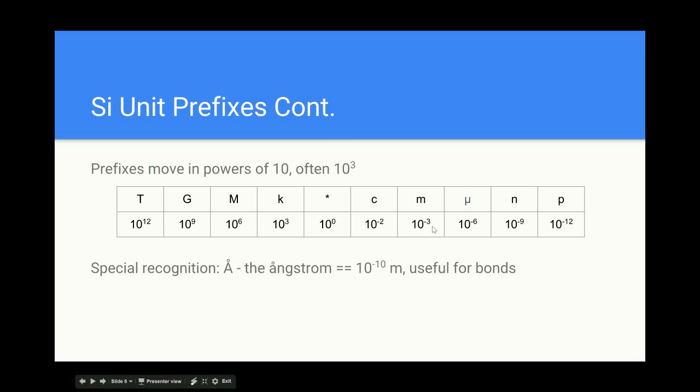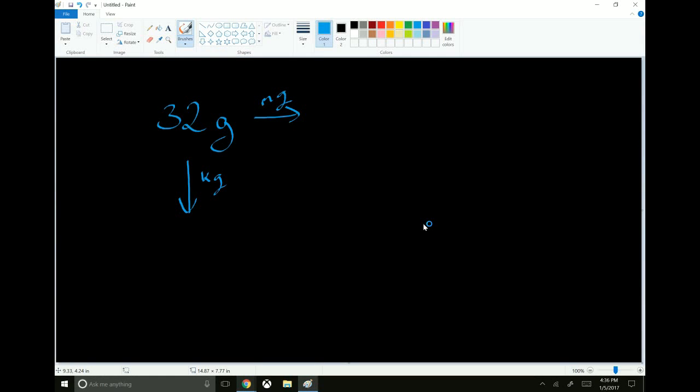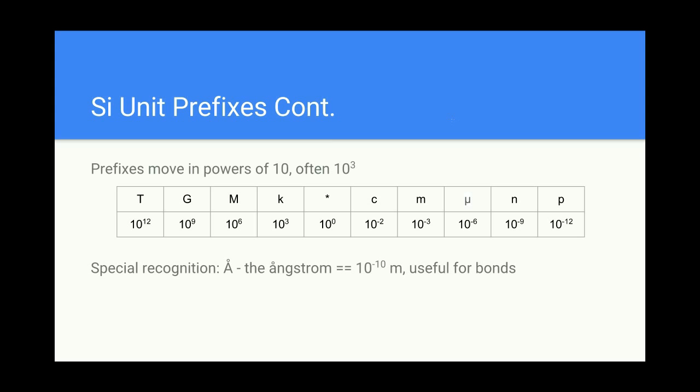You're moving to the right. That means the decimal place is moving to the right. So 32, decimal place is right here, 1, 2, 3 spaces, 32,000 milligrams. In this case, you're going from grams to kilograms, you're going to the left.